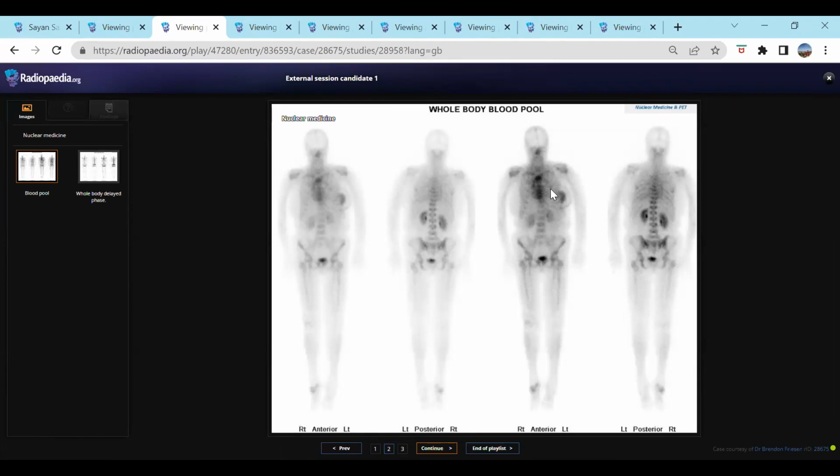I am provided with a bone scan, whole body planar images in a blood pool phase, in which on the initial images I can appreciate subtle uptake in the left side of the thorax, which is not correlating with any anatomical structure.